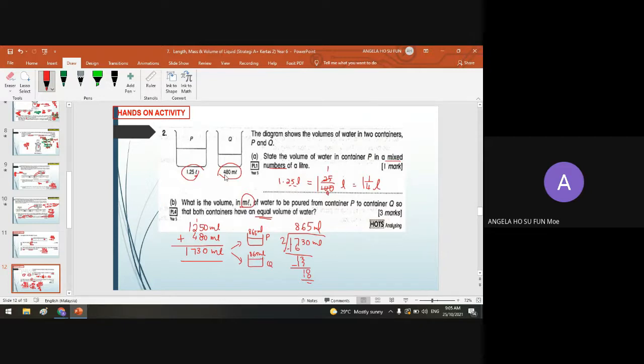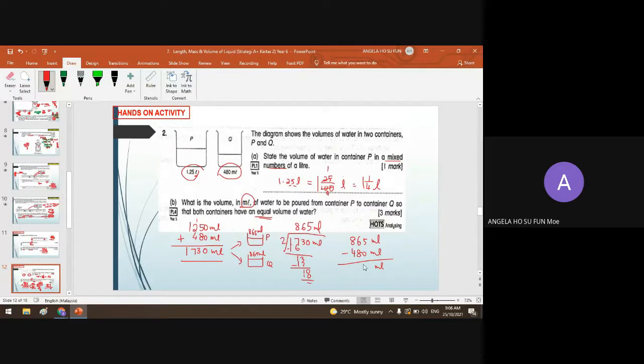Before that it was 480 ml. How much water has increased? How to find the increase of water? Minus. Very good. So use 865 ml minus 480.